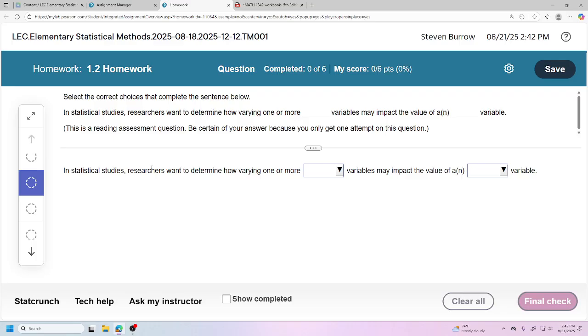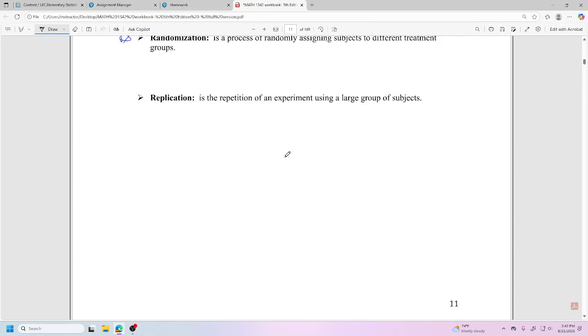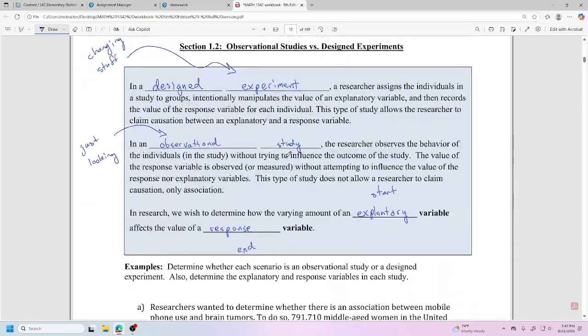In statistical studies, researchers want to determine varying this or that and how they may impact this or that. Now notice, I think I saw those sometime in my workbook, right? Didn't I write those down somewhere? Let's go back. So, not there. Right here, look. We wish to determine varying amount of explanatory, the effects of response.